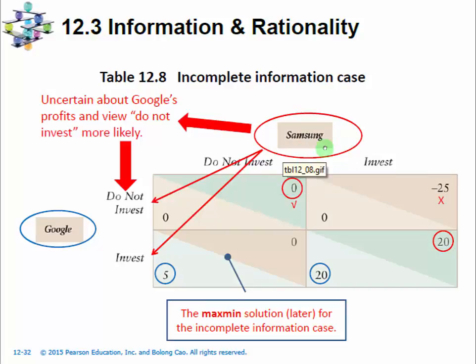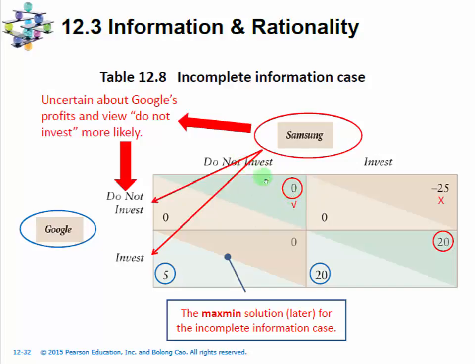If a player plays a Maxmin strategy, what this player does first is for each strategy, it finds out what is the minimum payoff to that strategy. Here, invest in the Chrome OS tablets will give Samsung a loss of 25, and do not invest will give Samsung 0. So the Maxmin player will say invest, loss 25, do not invest, 0.